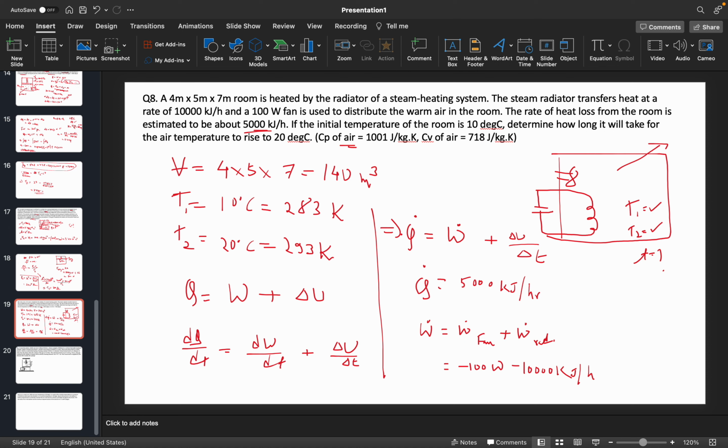So we need to express everything in terms of watt. So if you express this one in terms of watt, it will be 5,000 into 1,000 divided by 3600 watt, and this one will be minus 100 minus 10,000 into 1,000 by 3600.